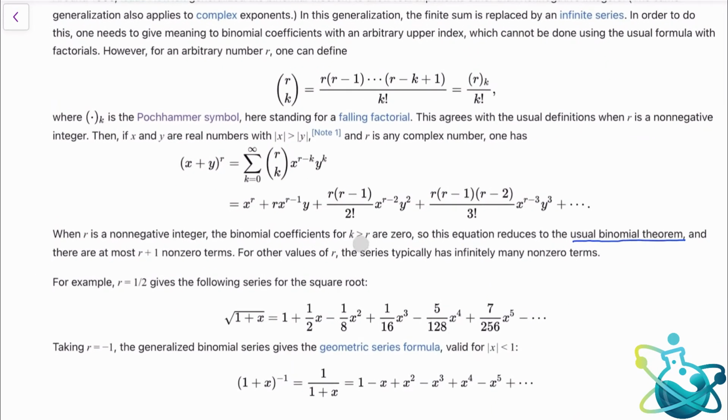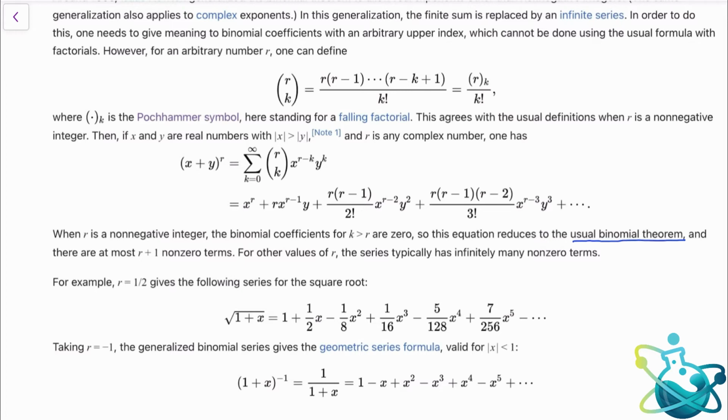So when is k bigger than r? Here k is 0, here k is 1. This is your first element, your second element, your third element. Here k is 2, and here k is 3. So let's say, for example, that r is 2. So x plus y to the power 2, squared.